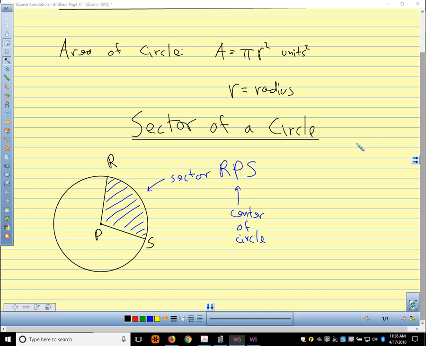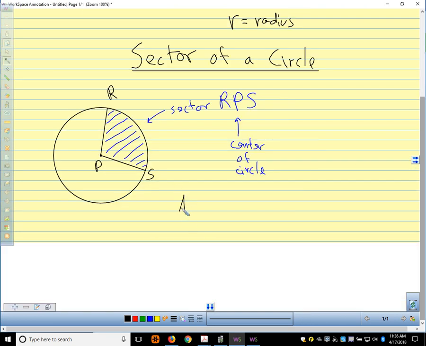Well, the area of a sector is a fraction of the whole area. The fraction is the same fraction that we use for arc length.